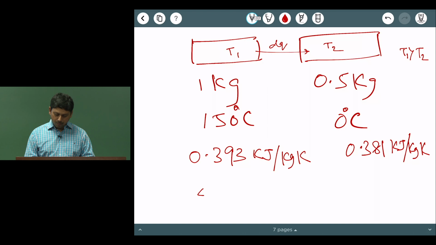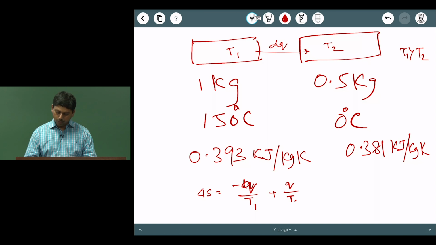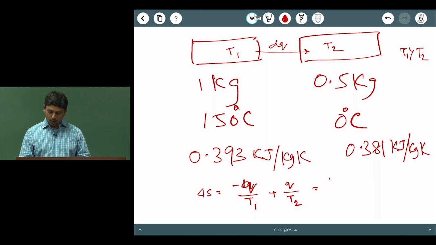So, the change in entropy for the whole process is the change in entropy of the first system, which is minus q, let us say, by T1, and the entropy increase of the second will be q by T2. So, it will be q times 1 by T2 minus 1 by T1.